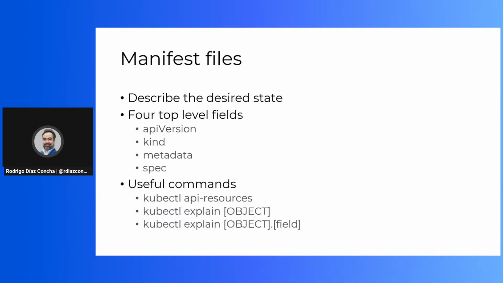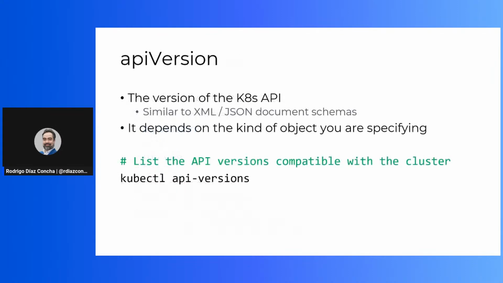So this is great. Manifest files, as the one that I created, most of the time, they have 4 top level fields. Of course, it depends on the type of component or object that you want to create. So for instance, API version is the field that specifies the API version that you want to use for creating that particular object.